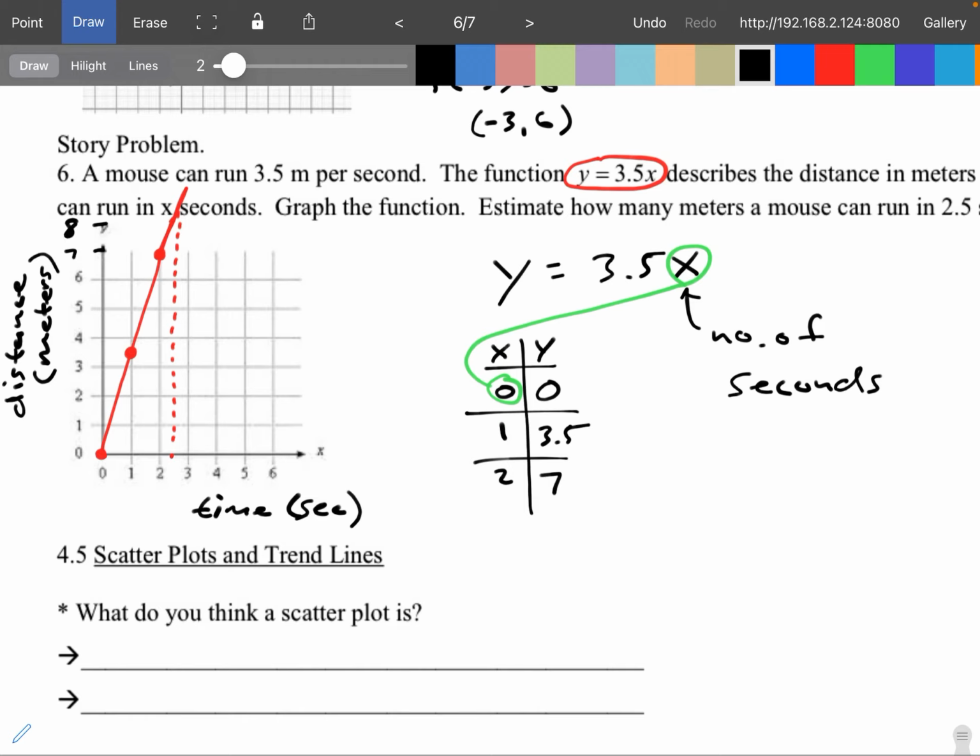So at 2.5, I gotta go up here and hit the graph. Let's see if we number this a little better here. This would be like 7 right here, that would be like 8, and then you'd have 9 up here. You guys kind of see that? So the grid didn't fit very well here.